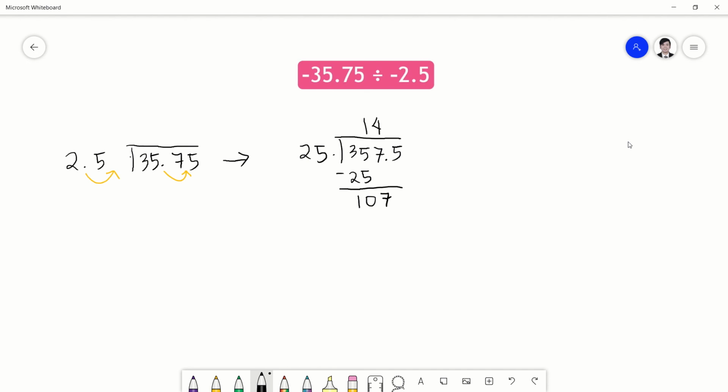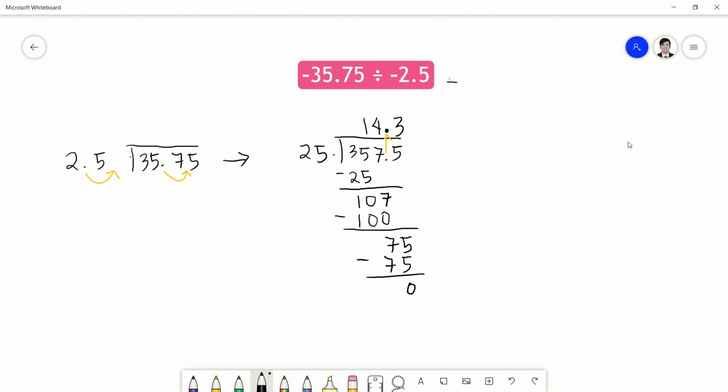Then 4 times 25 is 100. Then we subtract: 107 minus 100 is 7. And we bring down 5. 75 divided by 25 is 3. And 3 times 25 is 75. Finally, we have 0 as a remainder. Don't forget to align the decimal point on top for your final answer.